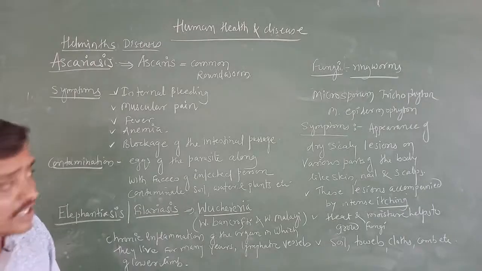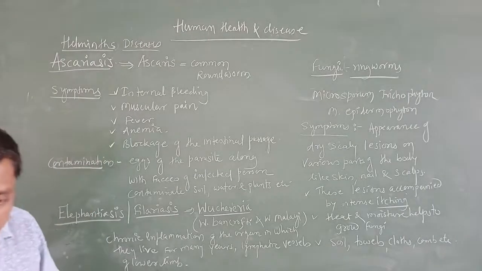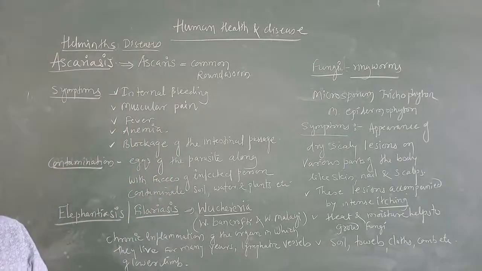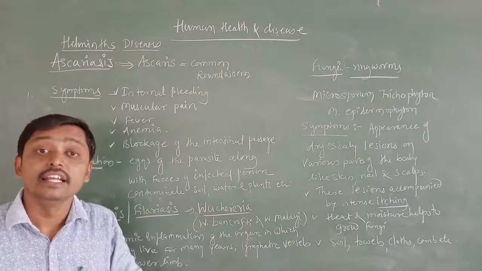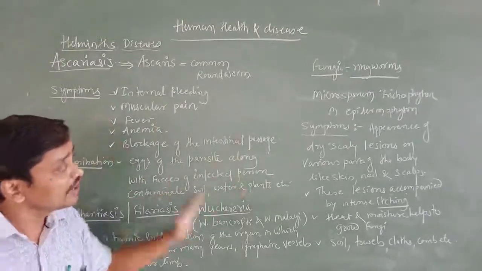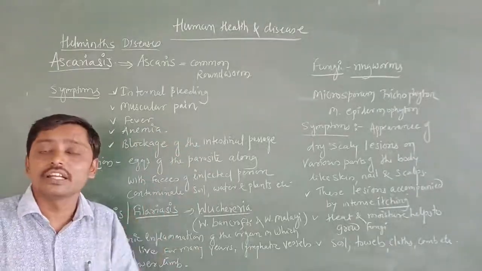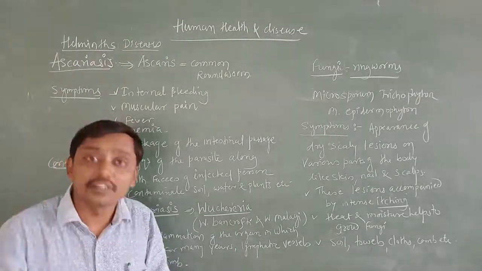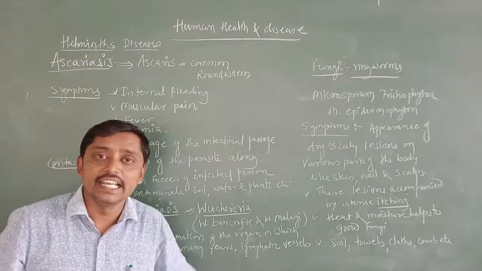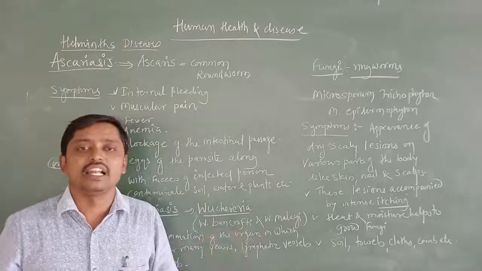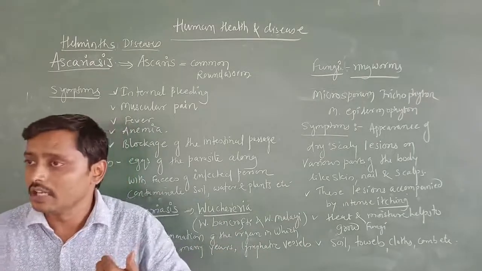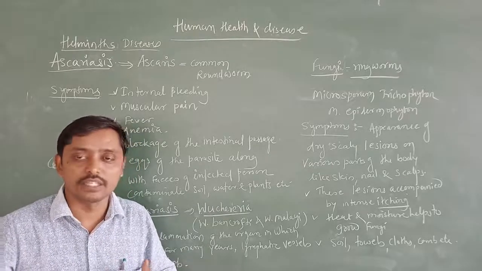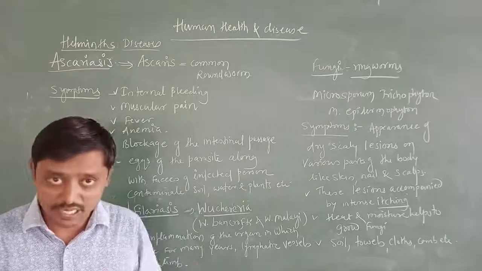And the last thing we are going to study in this concept, common diseases in humans: from all these diseases, what we learned is the pathogen, and after that the vectors. In the sense, malaria is caused by the female Anopheles mosquito. Amoebic dysentery is not caused by, it is transmitted by the house fly.